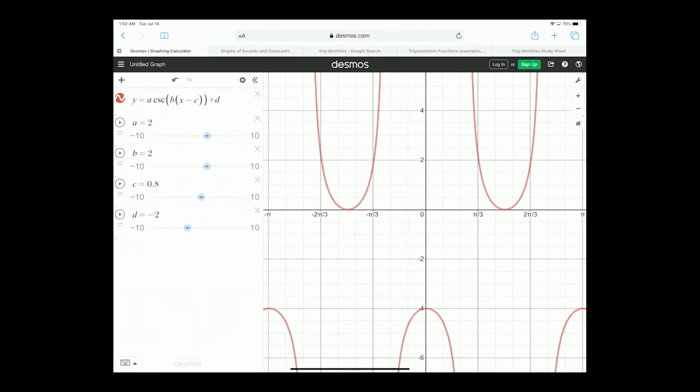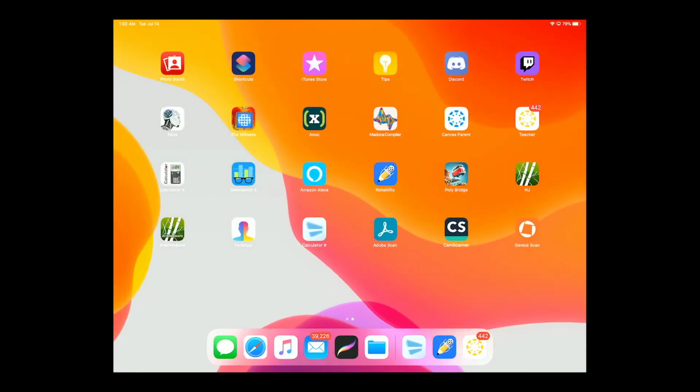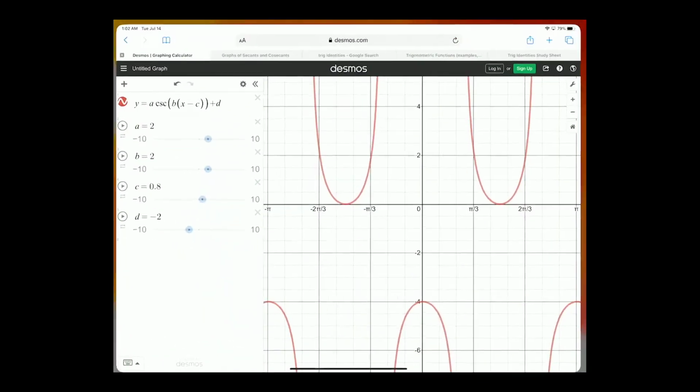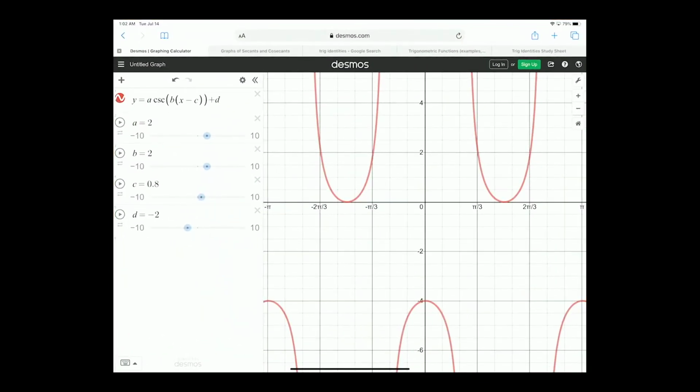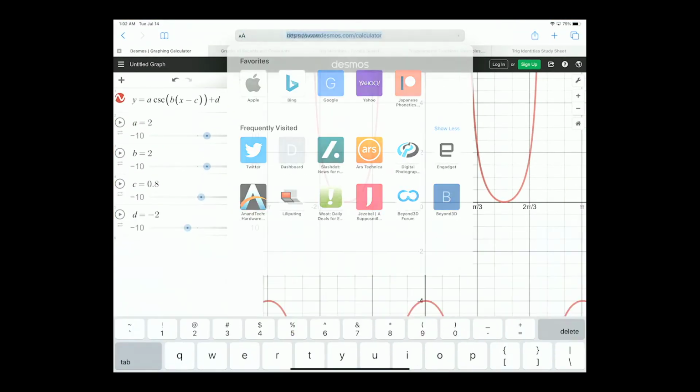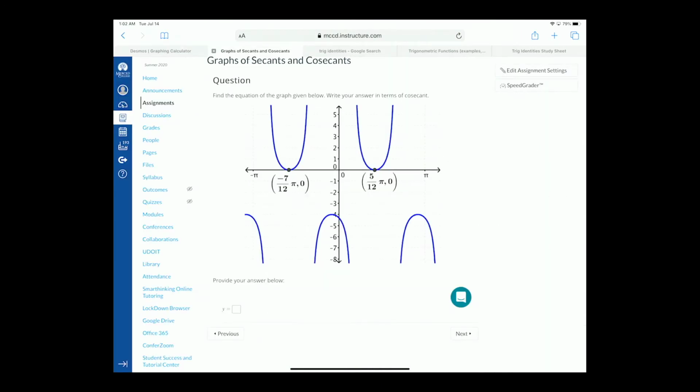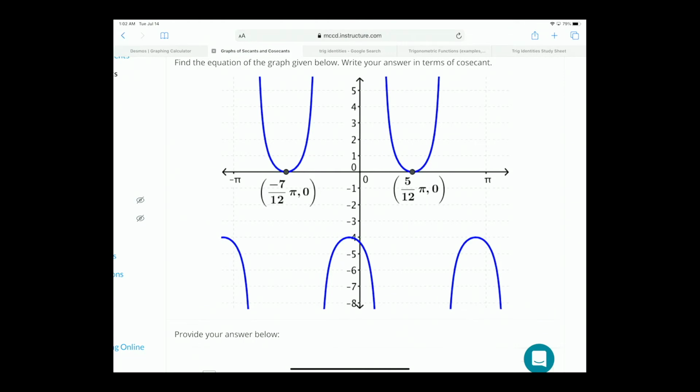What we need to do now is just adjust the C so that we get them in the right place. Looking at the homework, which is here on a different tab, we want the left point at -7 pi over 12, and we want the right point at 5 over 12 pi.